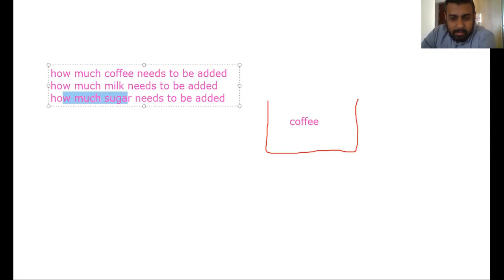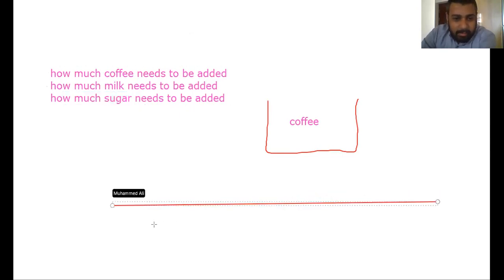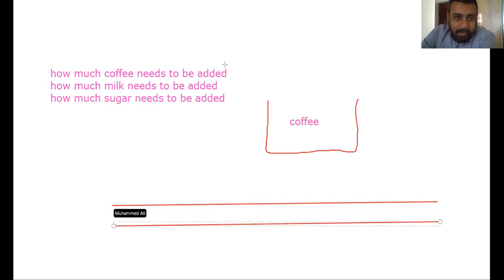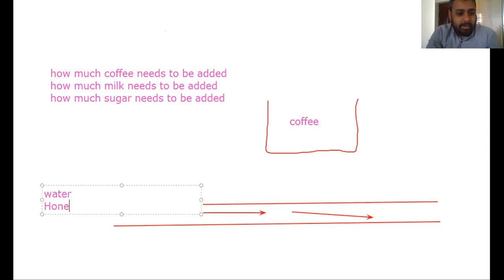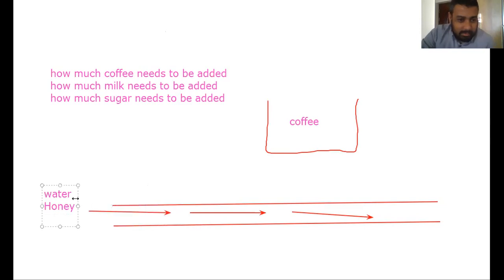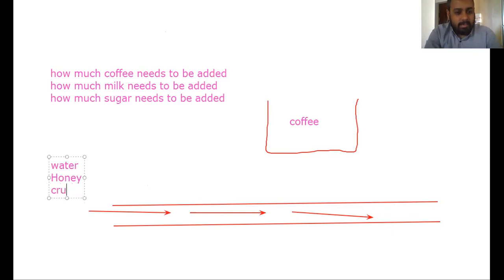Okay. And for the fluid labs, we mostly measure the flow of liquid. So actually you had a pipe, and then you had the liquid, let's say water, or maybe honey, or different viscosities, or maybe crude oil.